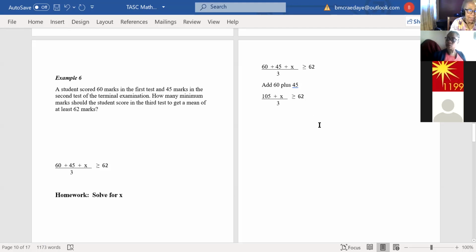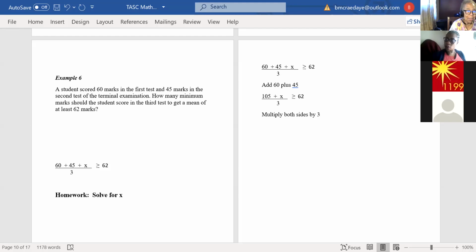Now, what's your next step, Maureen? The next step we do, we multiply 62 by 3, because 60, 45 plus the X will make 3, right? So you multiply both sides of the inequality by 3, just like you would do, Vanessa, if it were an equal.